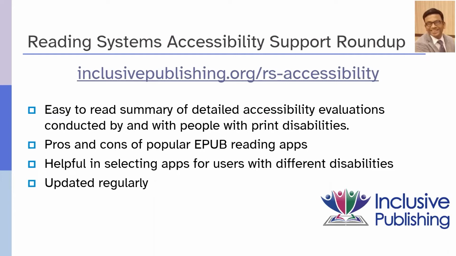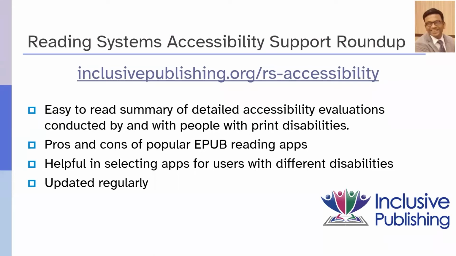An easy to read comparison of the popular apps is available in the roundup, and it is posted on inclusivepublishing.org. So the pros and cons of various EPUB reading apps is mentioned in this roundup.